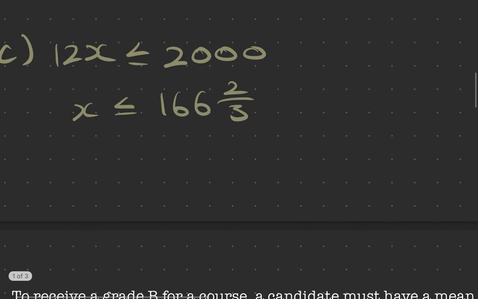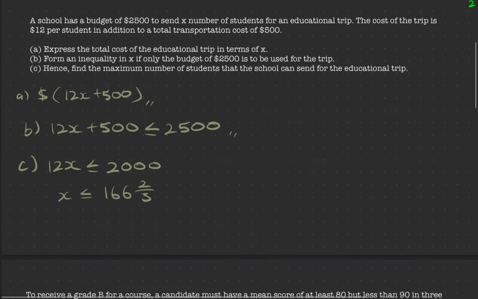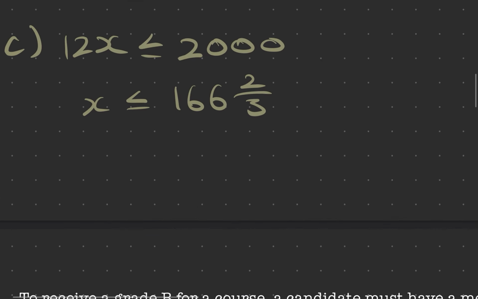Now, as you can see, the maximum number of students cannot be 166 students and one student is just 2/3. Yeah, I mean, it just doesn't work that way. So you just gotta find the next possible whole number, which you have to go down because you can't go up. You can't exceed this number.